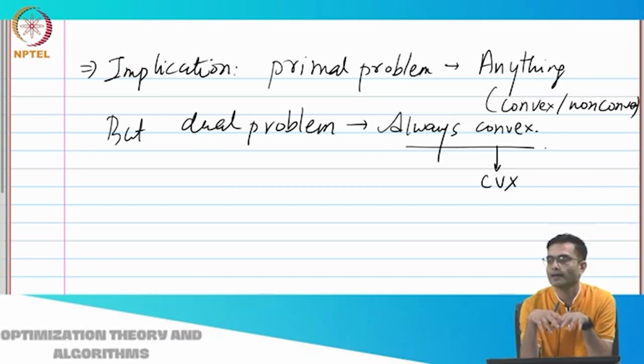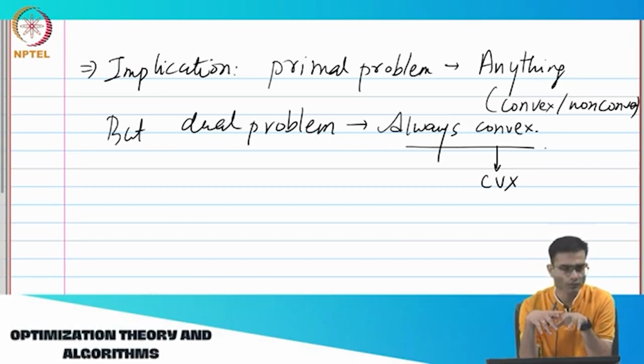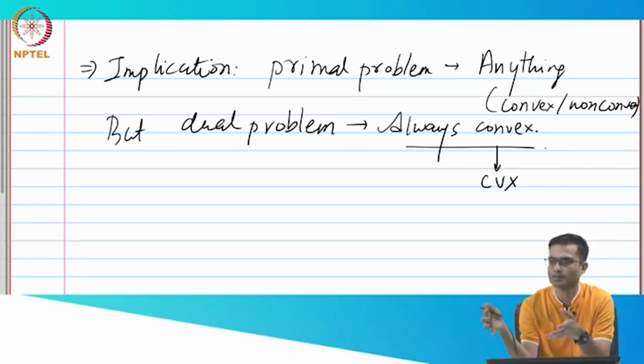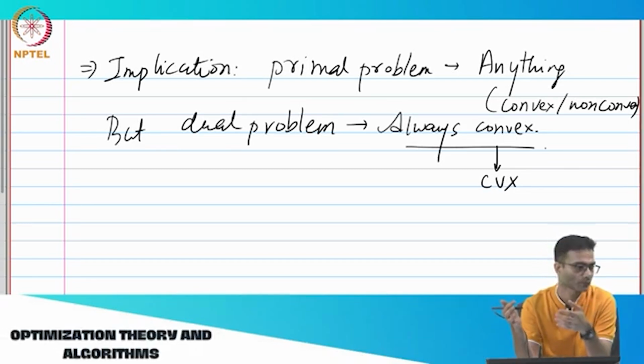It means that given any optimization problem, whether or not you can solve the primal problem, you can always solve the dual problem using tools like this. And like CVX, there are other tools, but CVX is the most popular. Keep in mind that CVX is extremely slow.